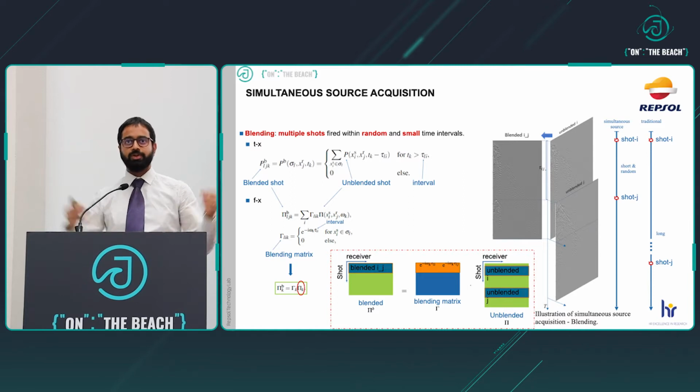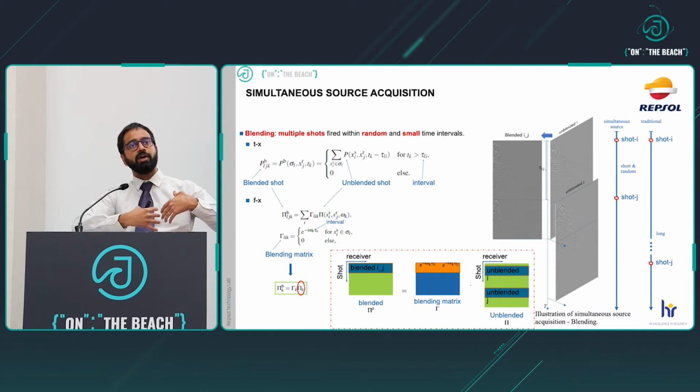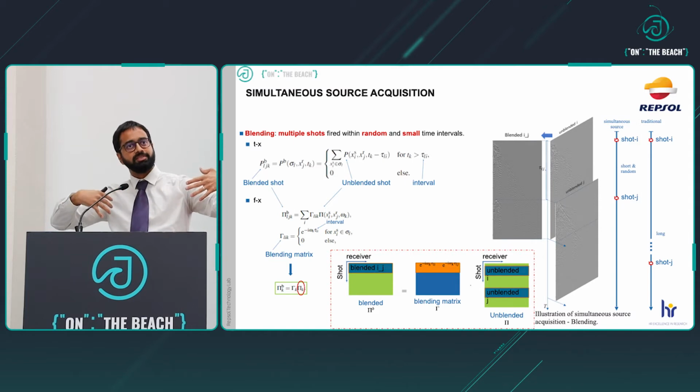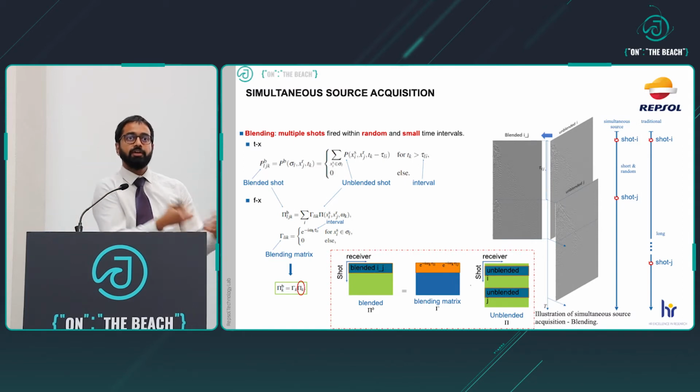It's a wonderful idea, let's save some money. But then the processing people cannot work with that. You will have to somehow segregate what would have been the response of these individual shots from a blended shot. That's the second problem, the problem of deblending.